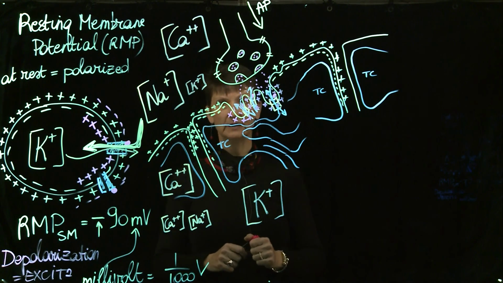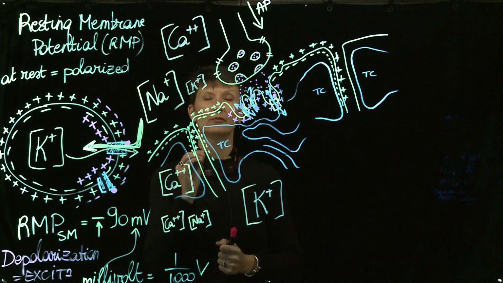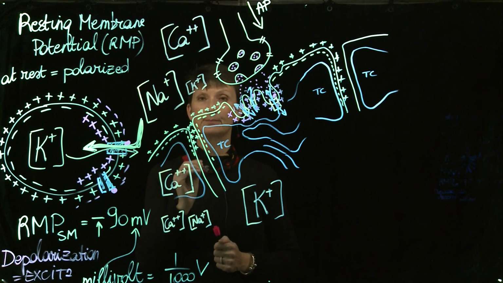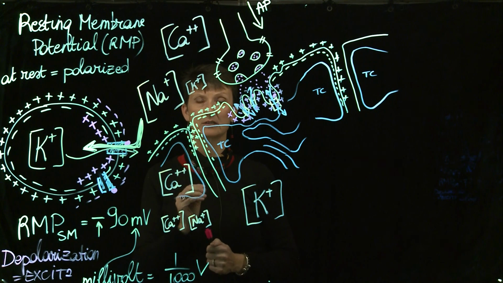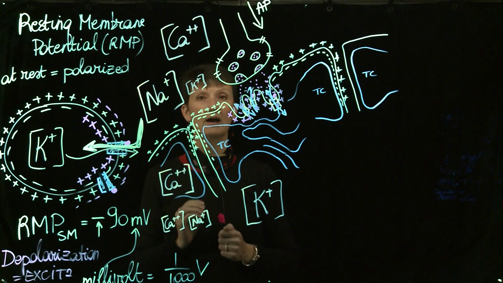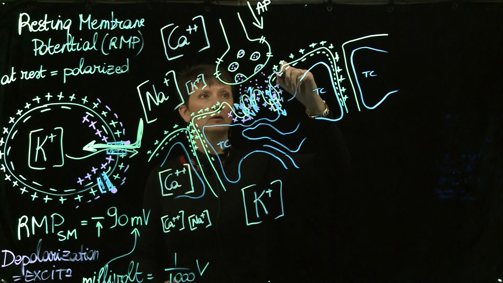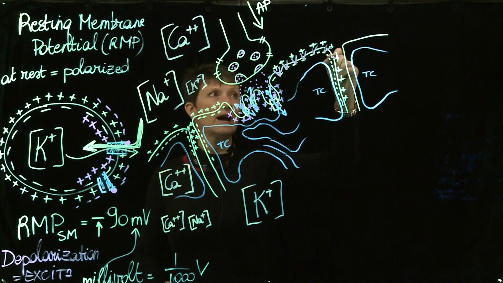And eventually that depolarization will be strong enough to open up very special ion channels. And these are ion channels that only open up when there's a very strong depolarization. And these ion channels we find all along our sarcolemma and especially down into the T-tubules.